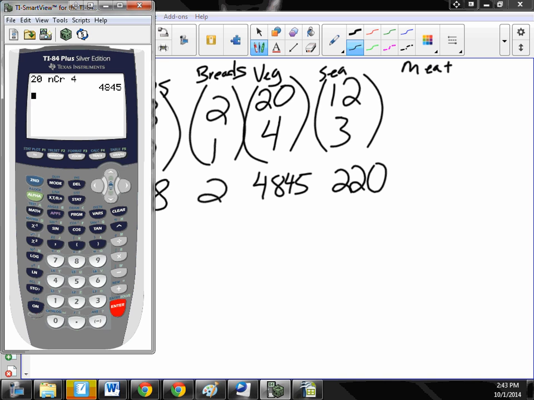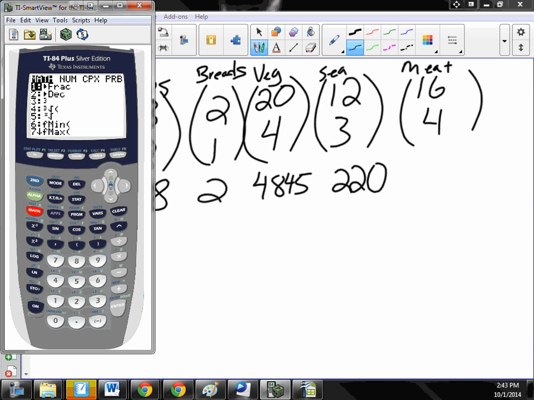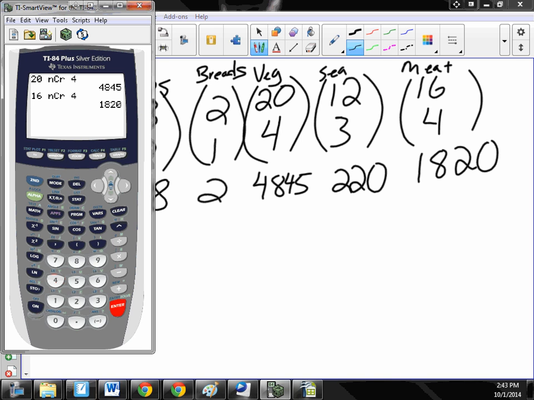They ordered 4, and there are 16. So 16 choose 4, and that's not on my triangle, so 16, math, nCr, 4. So this would be 1820.